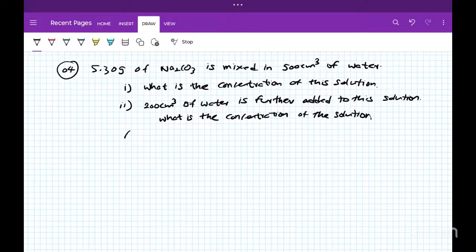If you want, I forget that one. Sodium is 23. Carbon is 12.